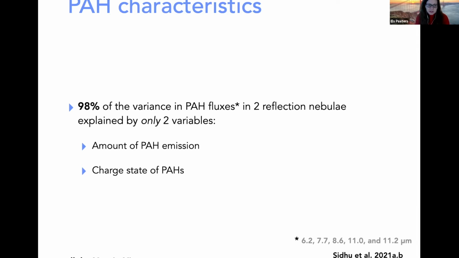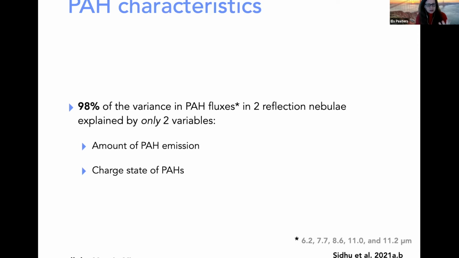And amazingly, 98% of the entire variation in the PAH fluxes could be explained by only two variables. And one was the amount of PAH emission, which is set by the abundance of PAHs as well as their excitation. In this case, in reflection nebulae, we all heard from a previous talk by Yang Xi that if you go to external galaxies, the metallicity also plays a role in that sense.